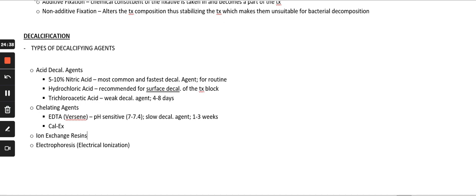So basically, guys, electrophoresis is satisfactory for small bone fragments. And electrophoresis, of course, uses electricity. Its solution is the electrolytic decalcification solution.